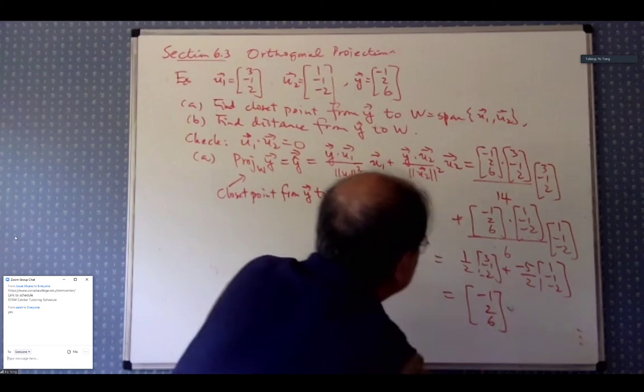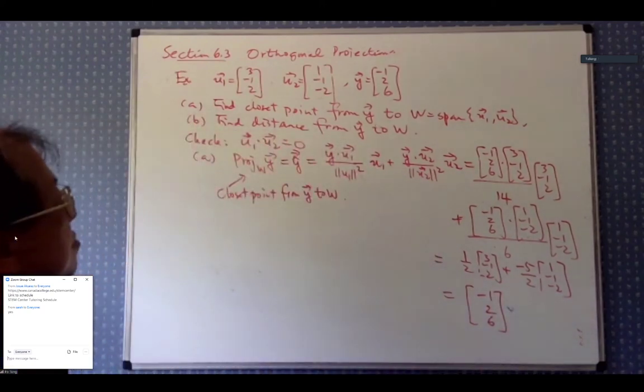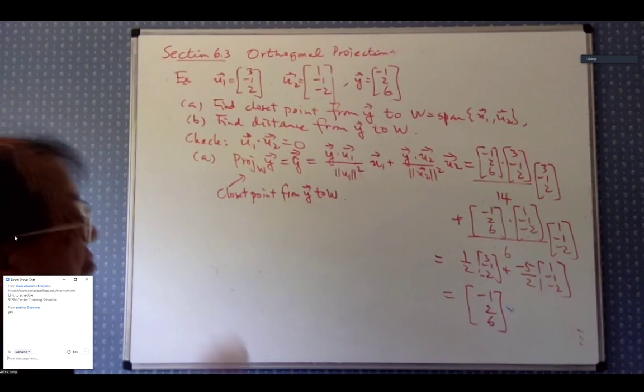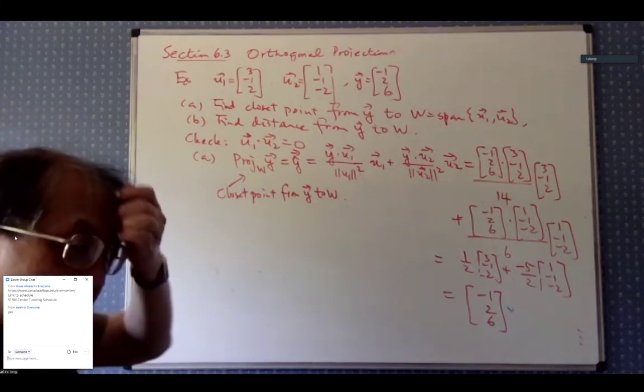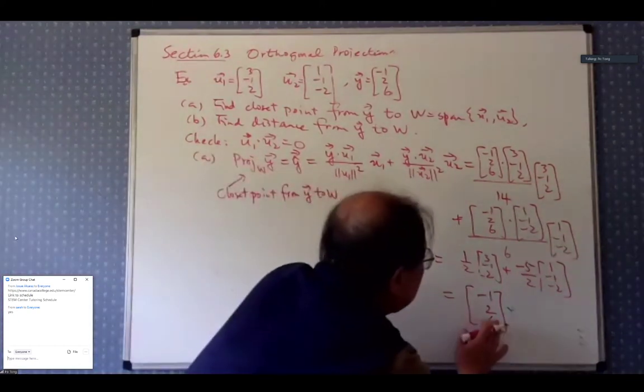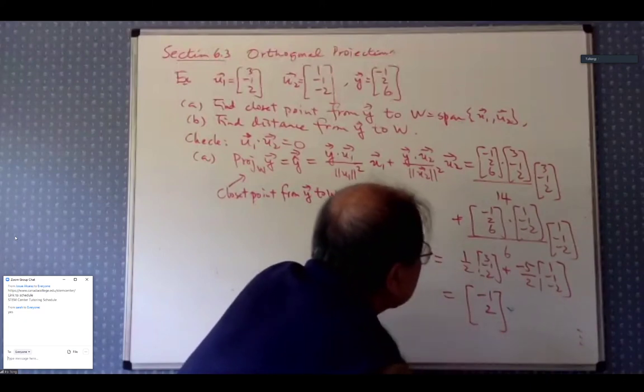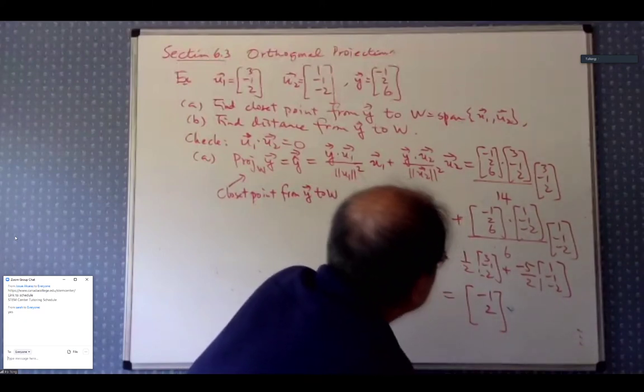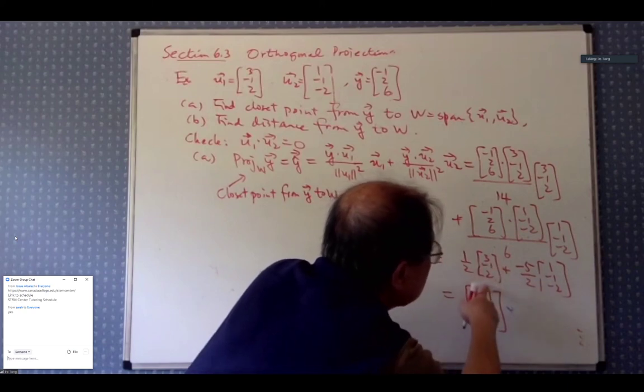Do I do it right? I think the last one should be -4. The last one is -4. Yeah. 2, 2, 4. This is 1. This is 1.